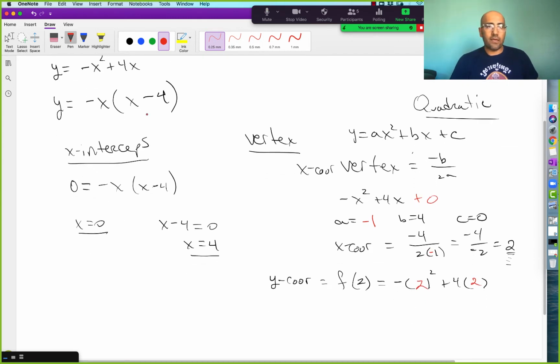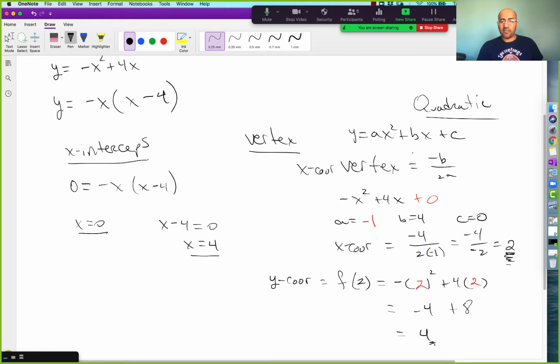So I get negative 4 plus 8, or just 4. Okay, so I have the x-coordinate and the y-coordinate of my vertex, so the vertex is at the point (2, 4). Whole lot of work just to figure that out.